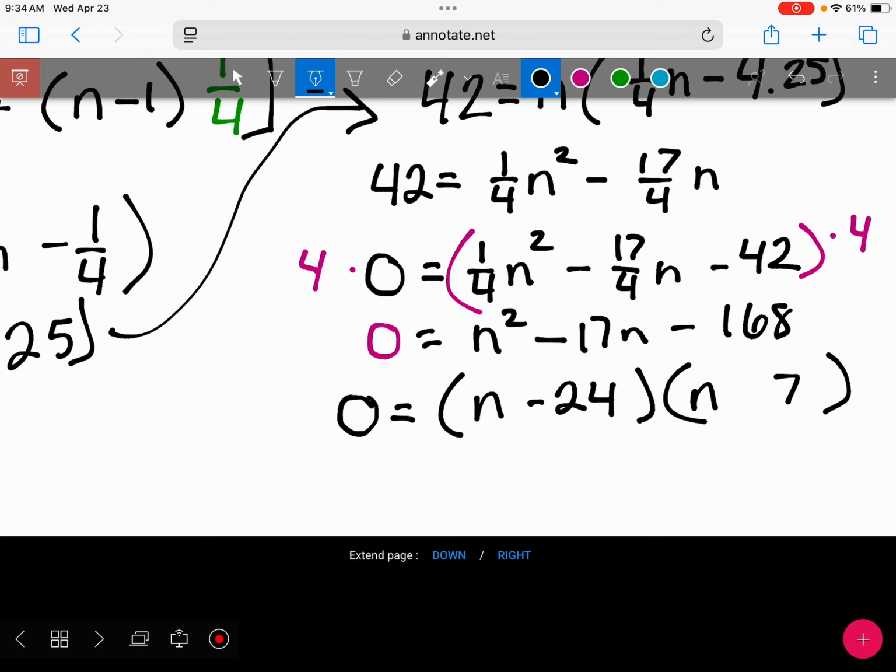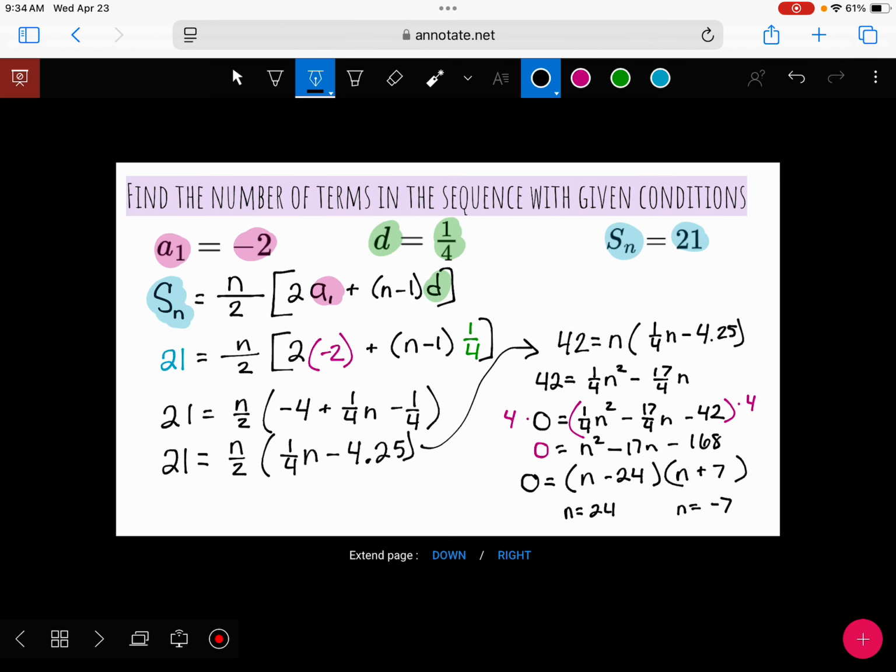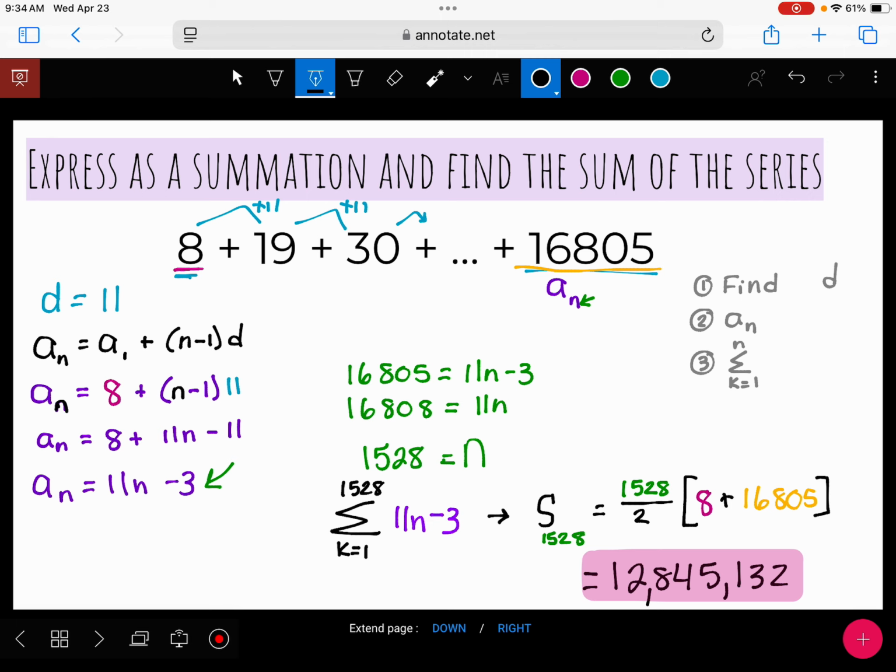So we have two different possible options here. What are our possible solutions? n equals 24 or n equals -7. When we are looking at our sequences and things like these, can I have a negative in one of these sequences?